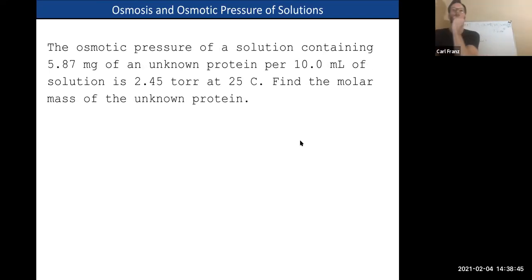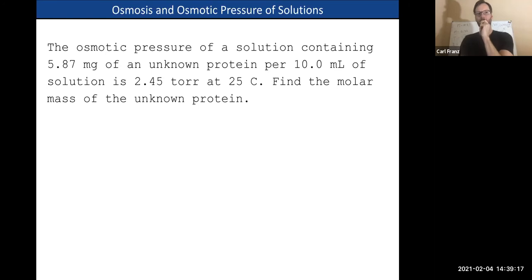How about this one? The osmotic pressure of a solution containing 5.87 milligrams of an unknown protein per 10.0 mils of solution is 2.45 torr at 25 C. Find the molar mass of the unknown protein. That's going to be tricky.